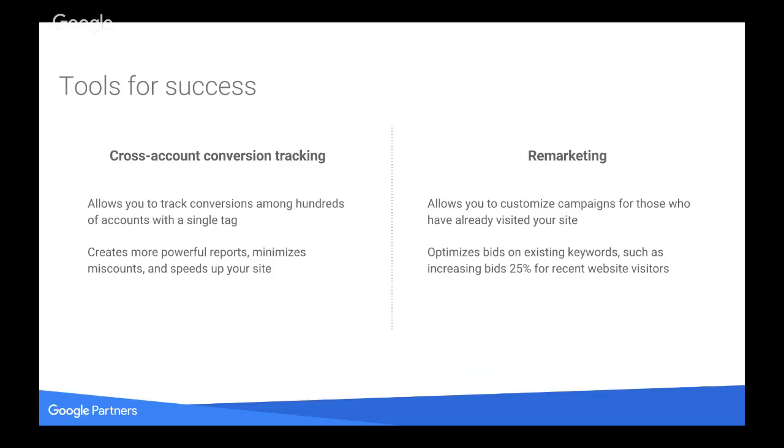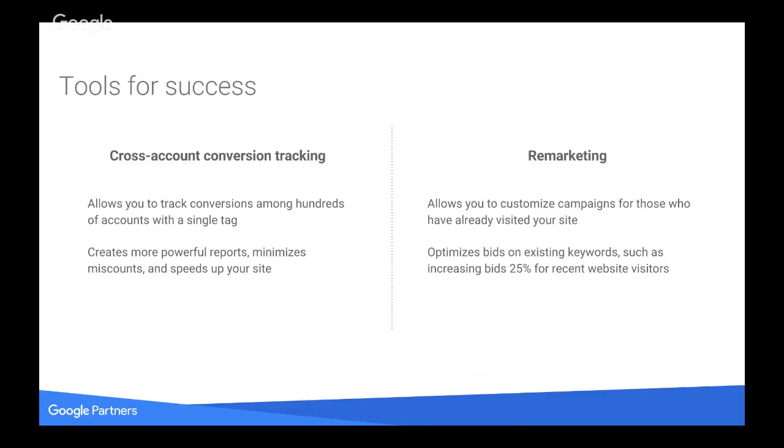Now that we've discussed the entire account structure, as well as how you can set up your campaigns, as well as your bidding strategies, a couple of tools that you could use to measure your success are things like cross-account conversion tracking and remarketing. Now, cross-account conversion tracking allows you to track conversions across multiple accounts, as the name suggests, with just a single conversion tracking code, while remarketing allows you to showcase your ads once again to users who may have been on your website before.